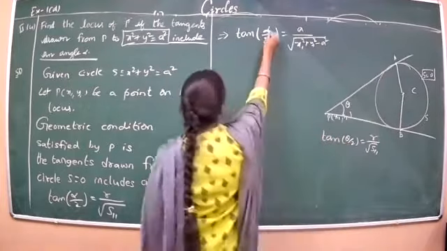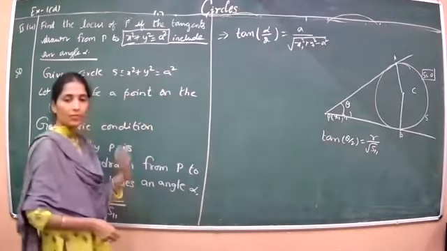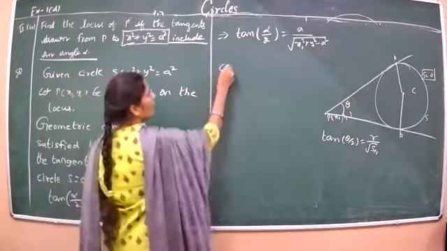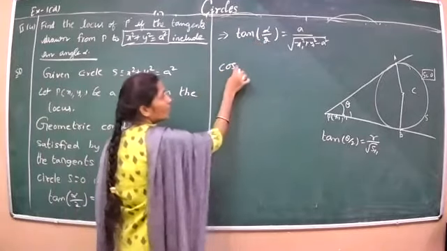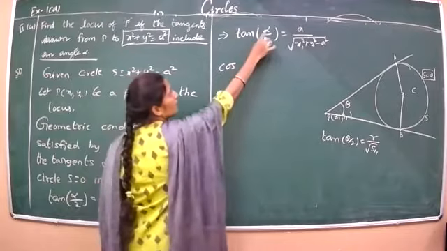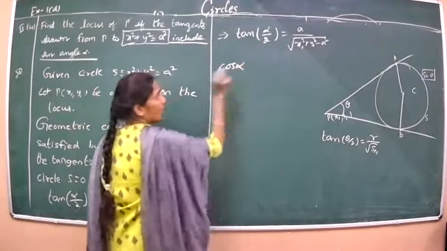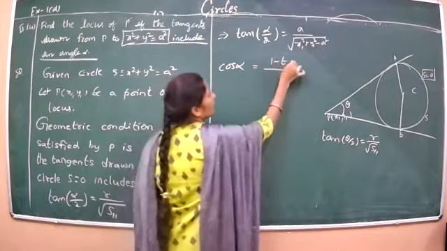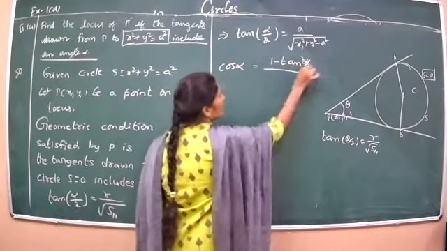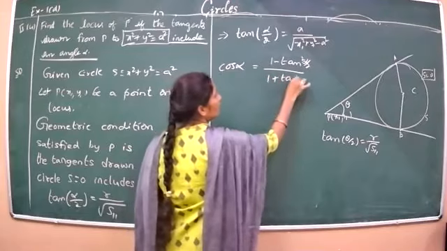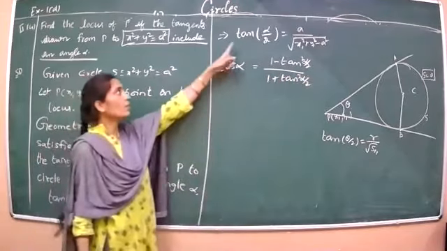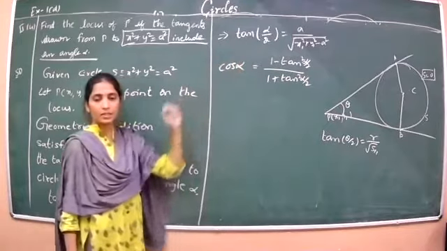Now, it is in terms of alpha by 2. If we want to convert that to the full angle alpha, we will use a formula. Because it is a half angle, I will write the full angle. Cos alpha is equal to 1 minus tan square alpha by 2, divided by 1 plus tan square alpha by 2. So from alpha by 2, I am transferring this to alpha.